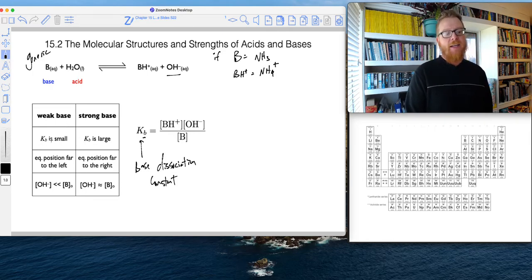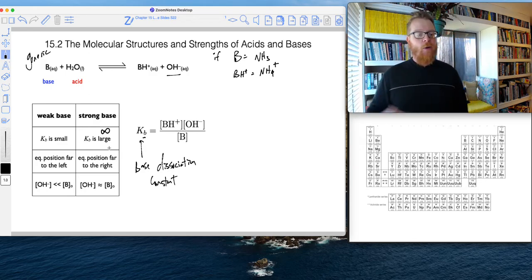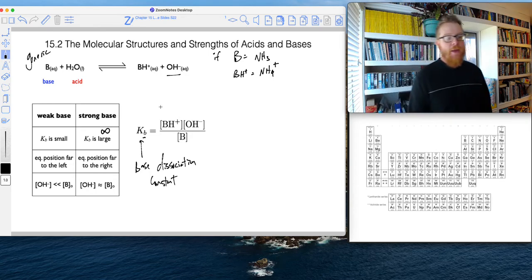In a weak base, KB is very small, and in a strong base, KB is very large. And really by KB being large for a strong base, we mean infinite, because the reaction just goes to completion. There is no KB constant for a strong base. But KB is very small for a weak base, meaning the equilibrium position is far to the left.